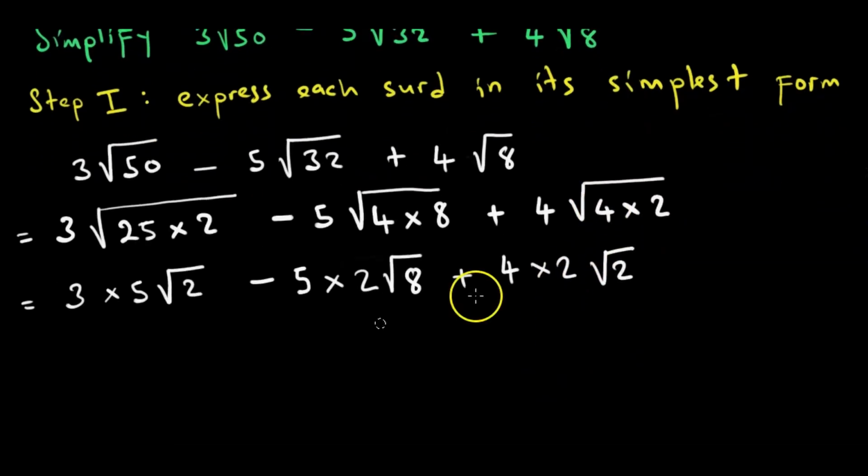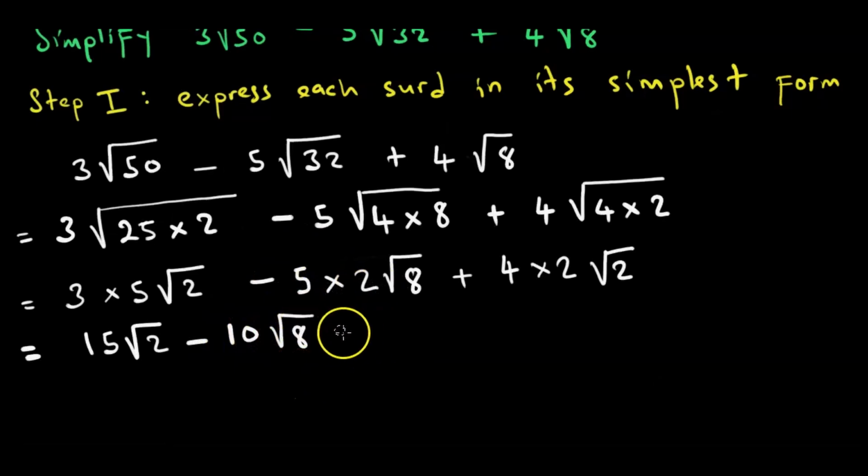What is this going to be equal to? This is going to be equal to 3 times 5, that is 15, so 15 the square root of 2, minus 5 times 2, that is 10, 10 the square root of 8, plus 4 times 2, that is 8 the square root of 2.